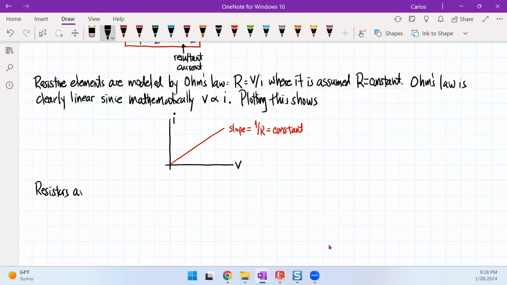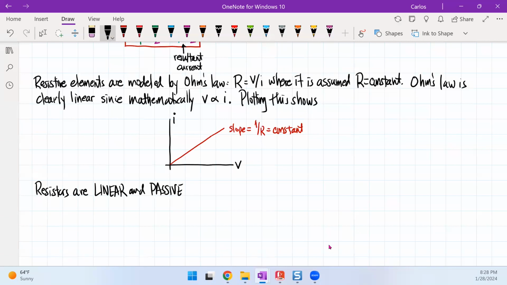Resistors are linear and passive. In other words, they do not transfer energy into the circuit. They dissipate it.